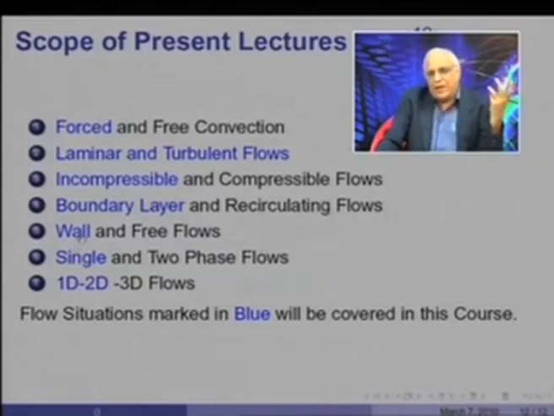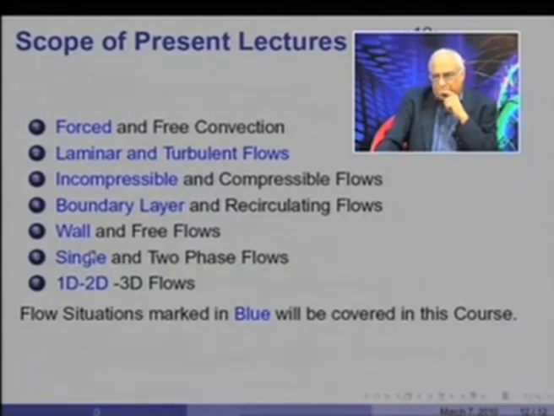Wall flows, by definition, since we are interested in heat and mass transfer coefficients, we will only be concerned with wall flows and not with free flows. And then, as I said, two-phase flows are very complex to handle analytically, and therefore I would deal essentially with single-phase flows. Finally, again, 1 and 2 dimensional flows will be emphasized because they are simpler to handle analytically. 3D flows will be ignored.